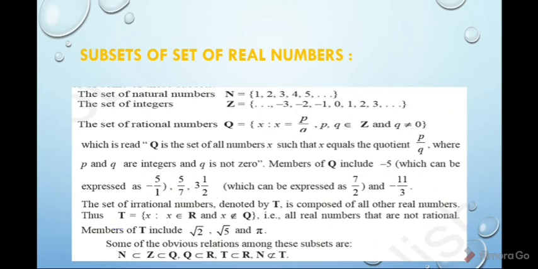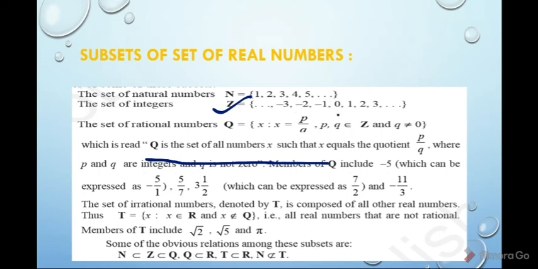Now we will discuss which one is a subset of another. As you can see, all the elements of the natural numbers belong to the integers. All the numbers 1, 2, 3, 4, 5, 6 and so on belong to the integers. That's why the natural numbers are a subset of the integers. Again, all the elements of the integers belong to the rational numbers. Why?